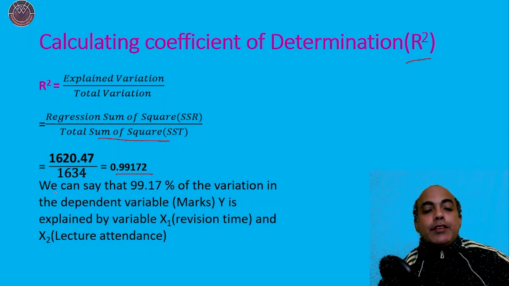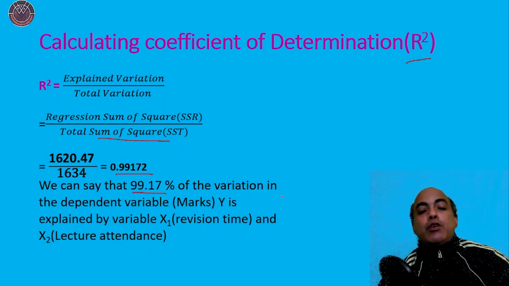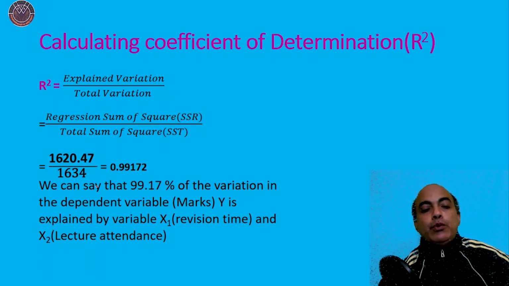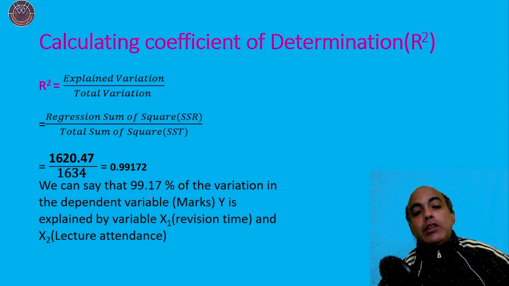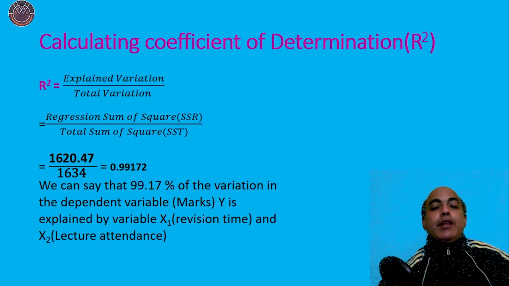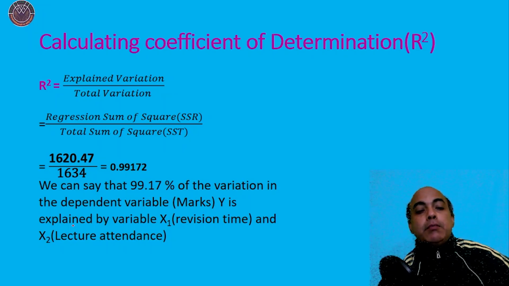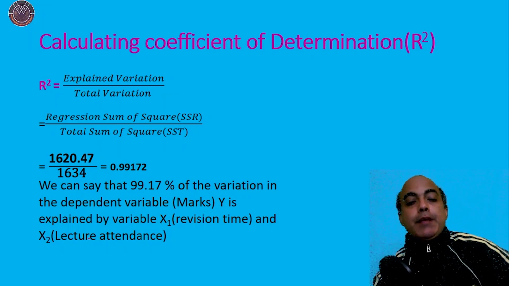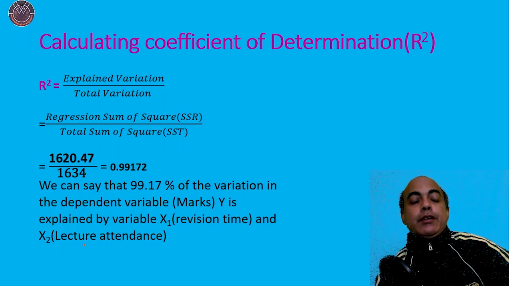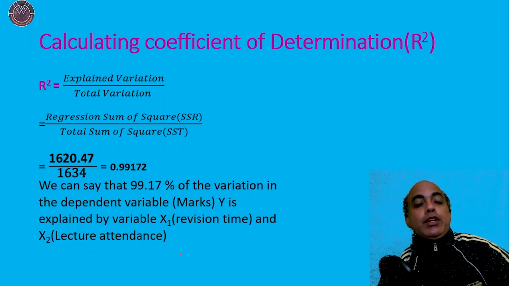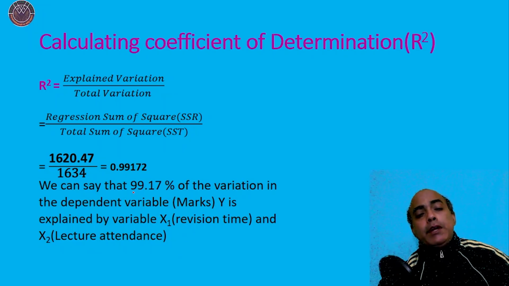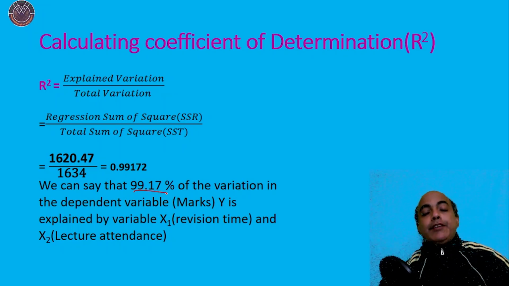That is, we can say that 99.17% of the variation in the dependent variable, exam marks y, is explained by variable x1, revision time, and x2, lecture attendance. By these two independent variables, we are able to explain 99.17% of the variation in the marks.